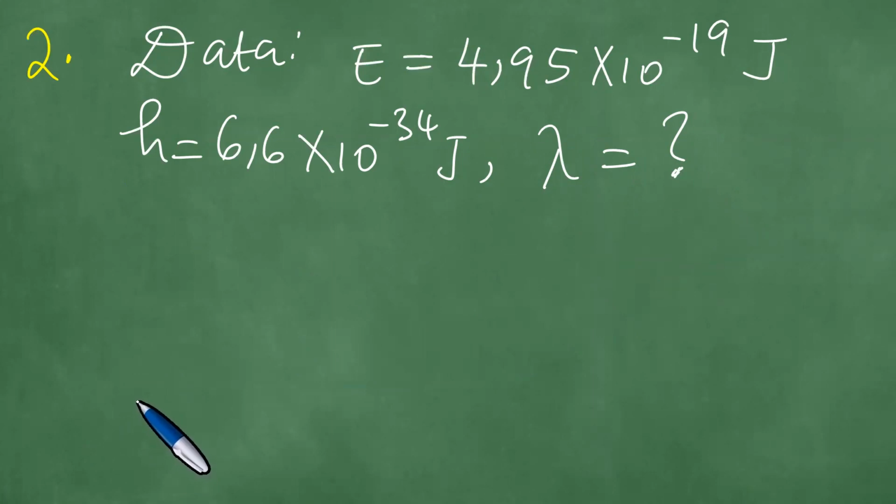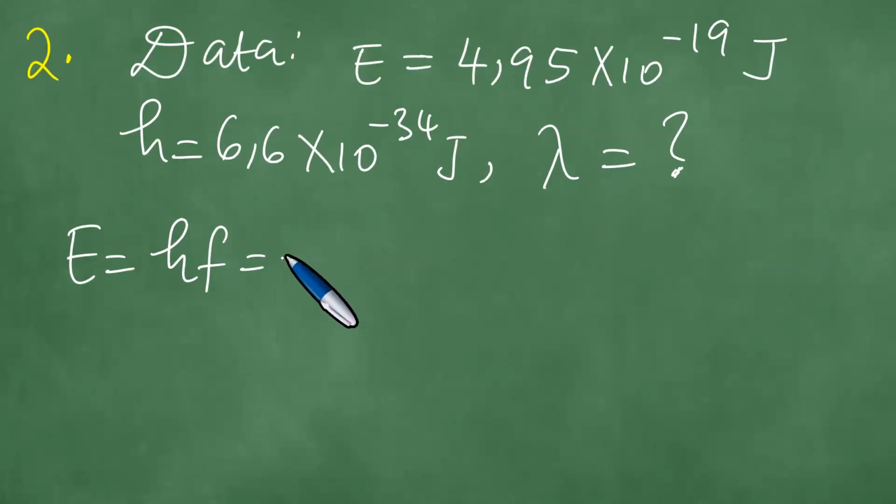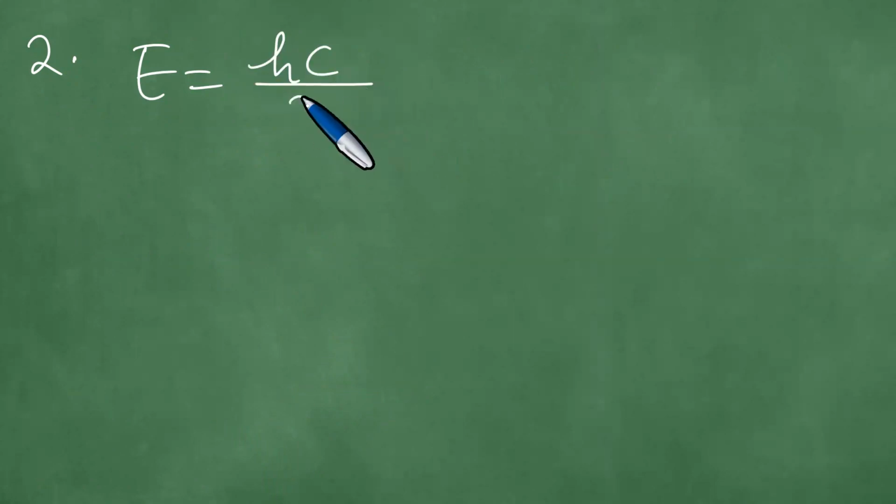So what formula do we use right now? We know that E equals HF, but we said that it is also HC over lambda. So if E equals HC over lambda, what is lambda the same as, Luyanda?